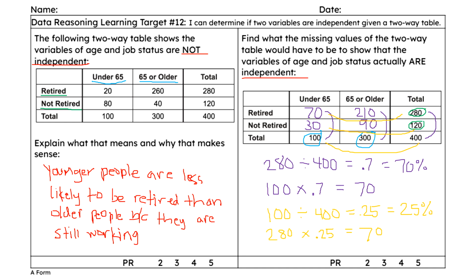So if you look at the under 65 column, now most of them say retired. We know that that doesn't really make sense, but if these two variables were not related, that's what the numbers would have to be. And over 65, most are retired. So everything now adds up correctly, but the proportions now reflect that age and job status are not actually linked together.